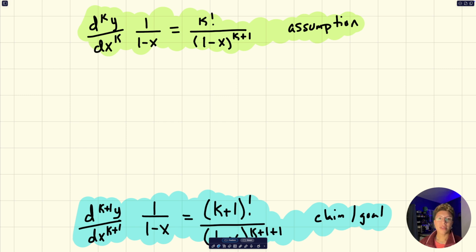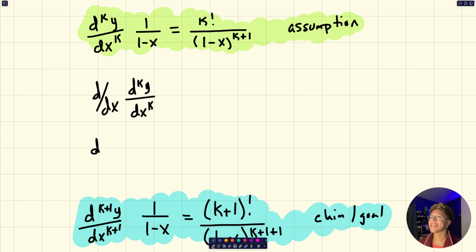All right, so like we saw before, in order to move from our assumption down to our claim, our goal, we want to use calculus. So we're saying that the derivative of our kth derivative should be the k plus 1th derivative.